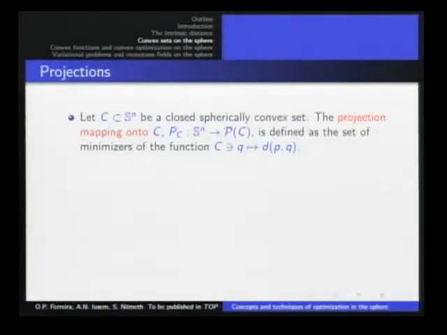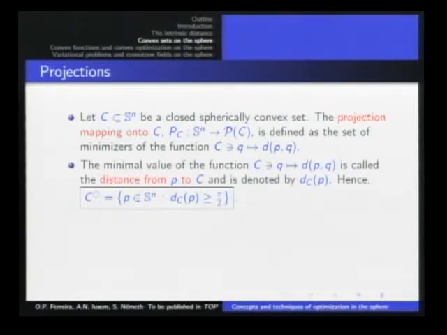Well, as before, I can define the projection onto a spherically convex set. It is the set of minimizers, I'm not saying that it's unique, so it's a point-to-set mapping, the points of C which minimize the distance. As I told you, it is expansive instead of being non-expansive, which is awful, but okay.